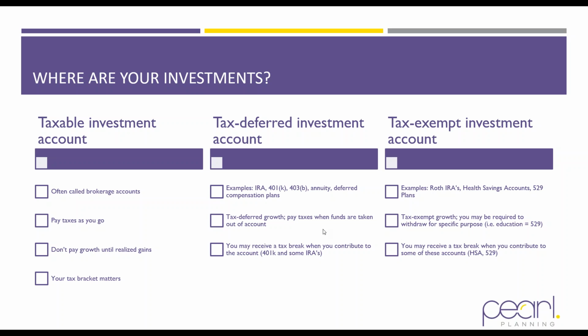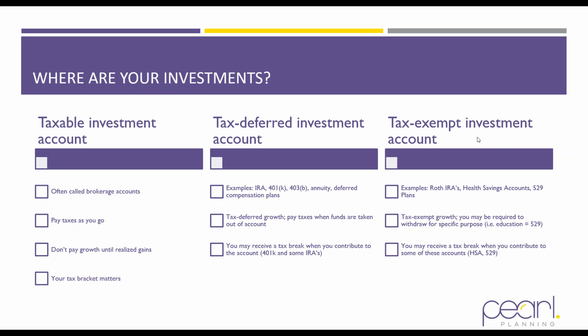You often pay taxes when the funds are taken out of the accounts, either some or all, depending on the type of vehicle. And you may receive a tax break in some cases, for example, with 401ks and some IRAs, when you make contributions to the accounts. So a lot of elements going into your decision making of putting money in here. This is often the primary savings vehicle for people's retirement funds.